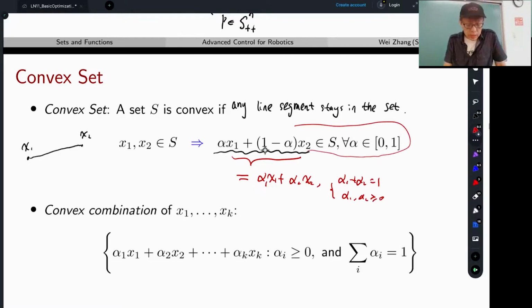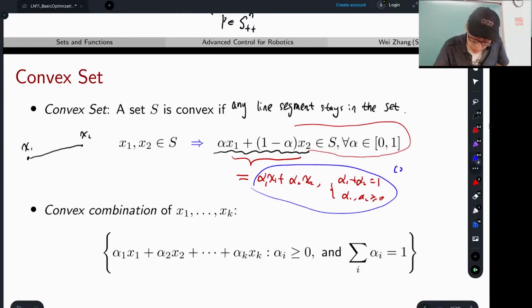I can define 1 minus alpha as another variable, alpha 2. So alpha 1 plus alpha 2 is 1, alpha 1, alpha 2 bigger than 0. And this is called a convex combination of x1 and x2.